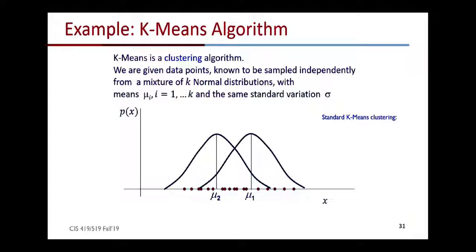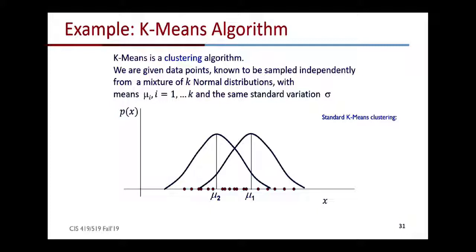Given data points that, again, as before, we know that the data points are generated independently. In this case, I'm assuming they are generated from a mixture, using the same vocabulary as before, of normal distributions, Gaussian distributions. So it kind of looks like this. I have points on the x-axis.